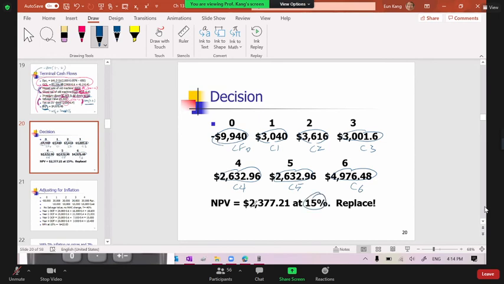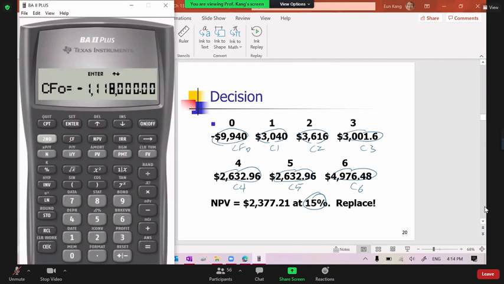And at 12%, we don't have to do that, but just quickly confirm: negative 9940, 3040, enter, 3616, and oops, you can just enter again. When you make a mistake, don't panic, just enter 3616 again.